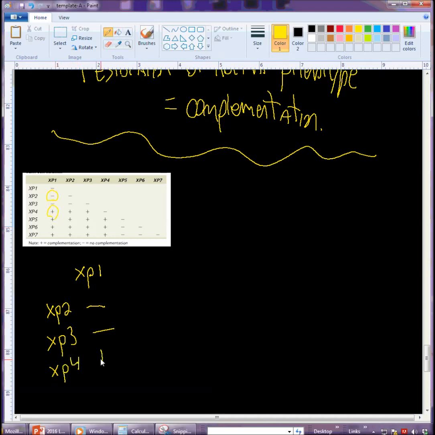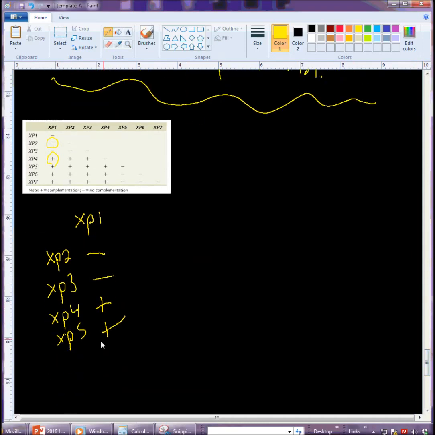Okay, great. XP1 and XP5, yes. Okay, let's go down. XP1 and XP6, yes. XP1 and XP7, yes. Okay, so 2 of the heterokaryons did not perform unscheduled DNA synthesis, and 4 of them did. So what does that mean?